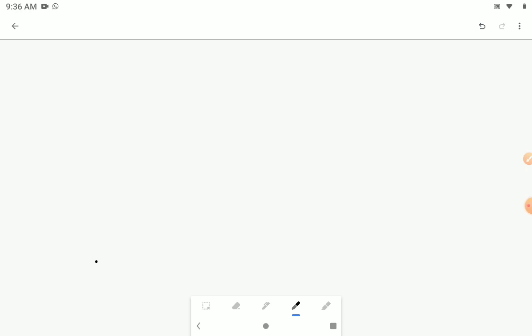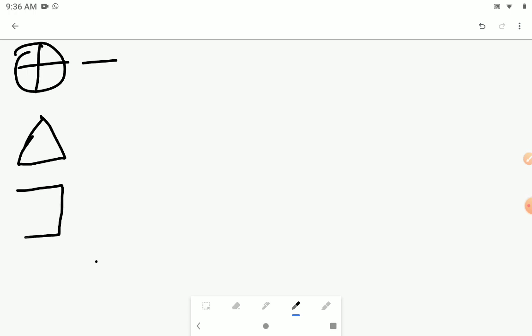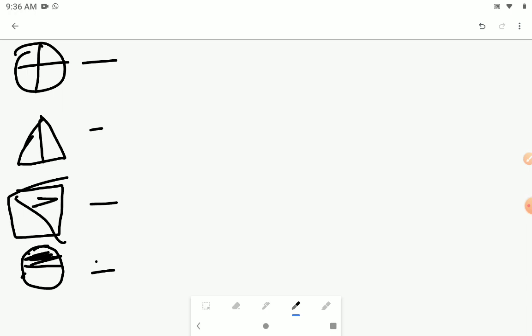So see now, if I have some shapes, okay, triangle, and then square, or this two. Okay, I've taken one, I've taken 2.